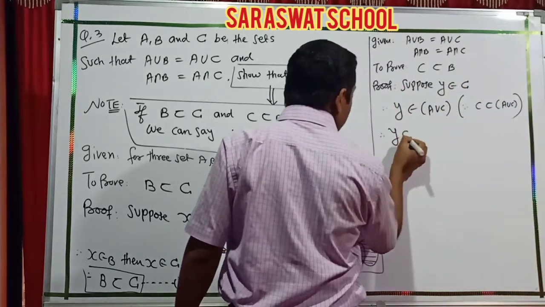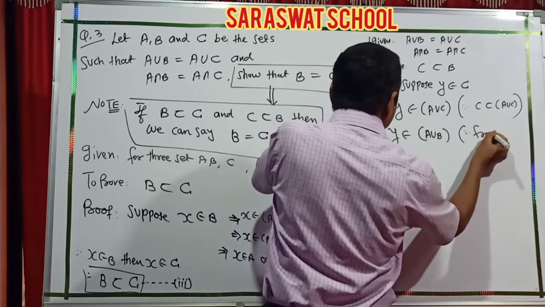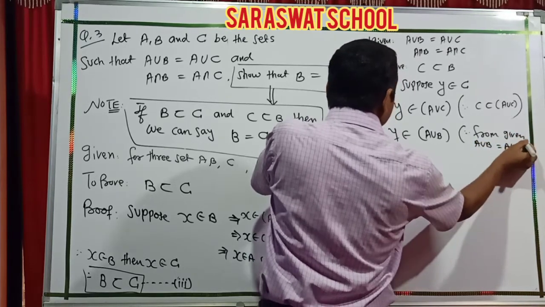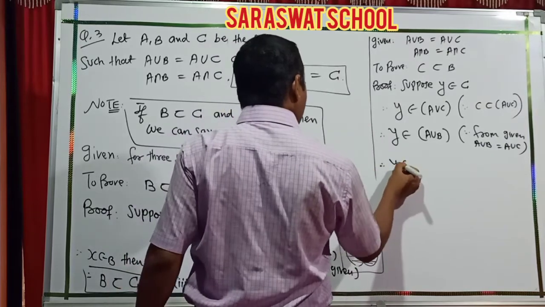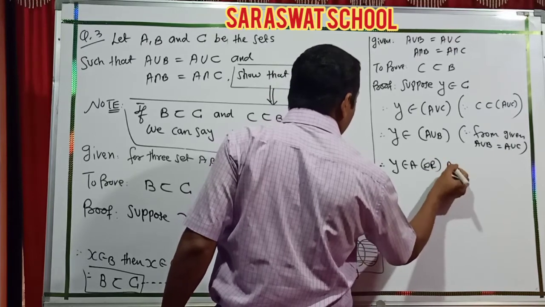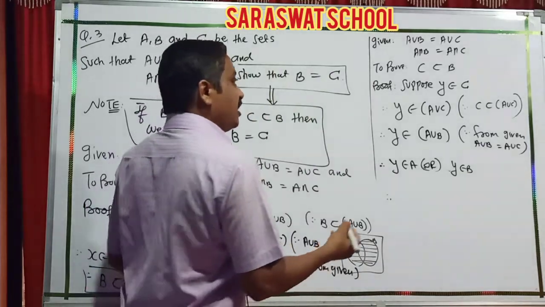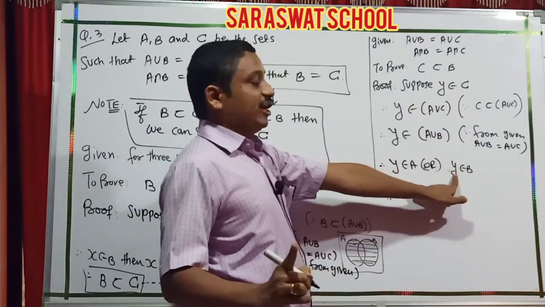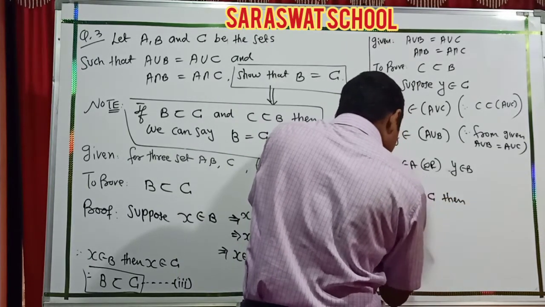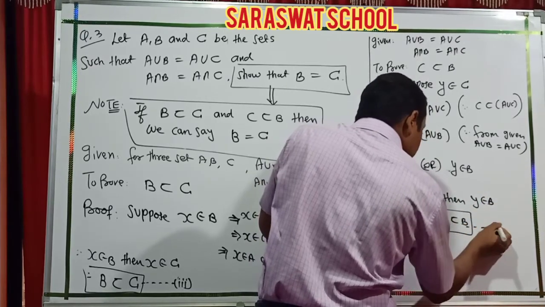Now Y belongs to A union C equal to A union B, because from the given, A union B is equal to A union C. So I take Y belongs to A or Y belongs to B. Therefore, starting from Y belongs to C, ending in Y belongs to B. If Y belongs to C, then Y belongs to B. So C subset B. Here taking statement number 4.